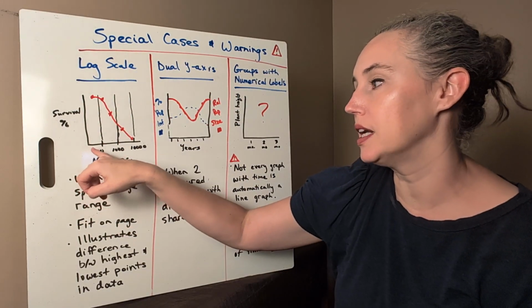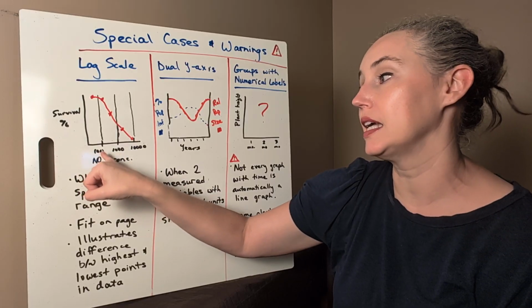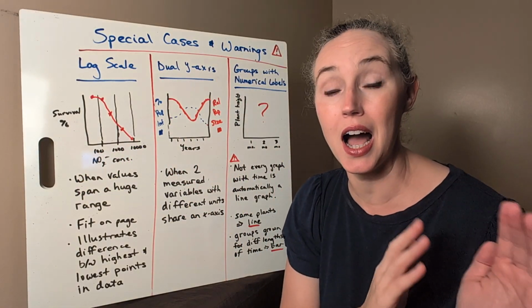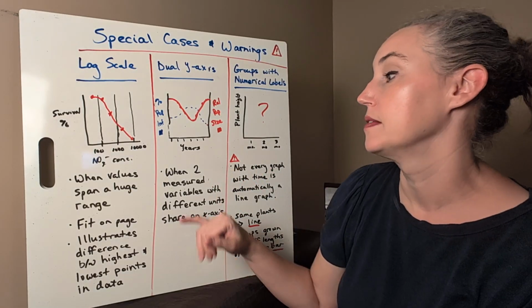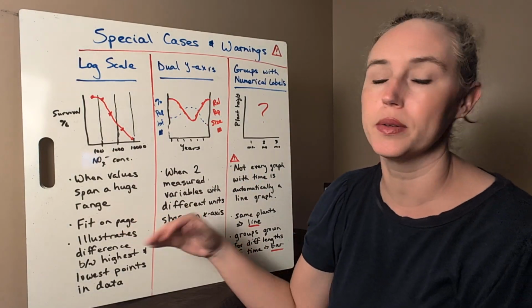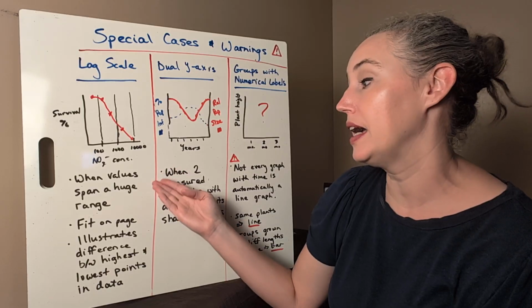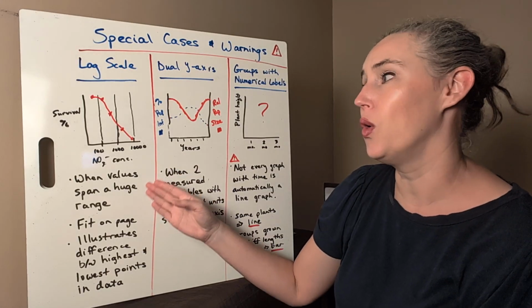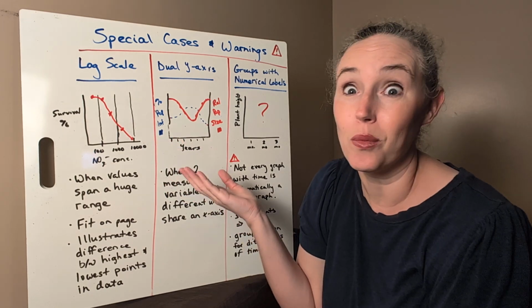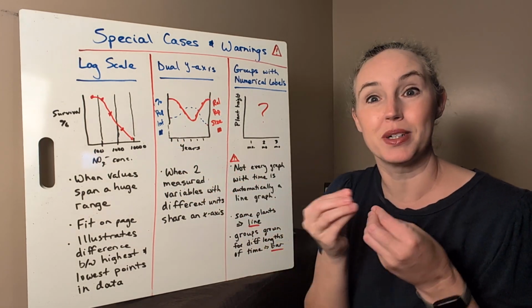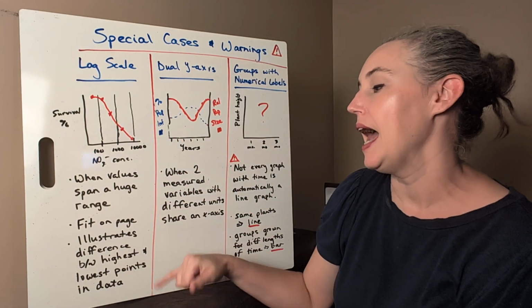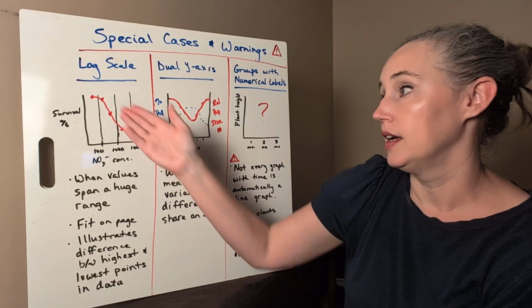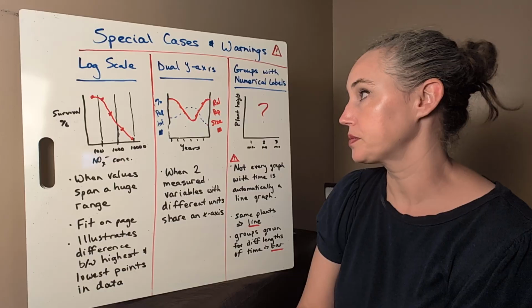In that case, each interval is actually 10 times the previous interval. You usually see this when your values span a very huge range. The whole point is just to get it all to fit on one page, because otherwise you wouldn't be able to see all the data together. And it illustrates the differences between the highest and lowest points in a data set.